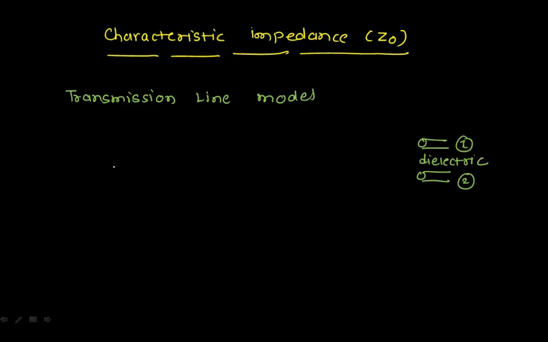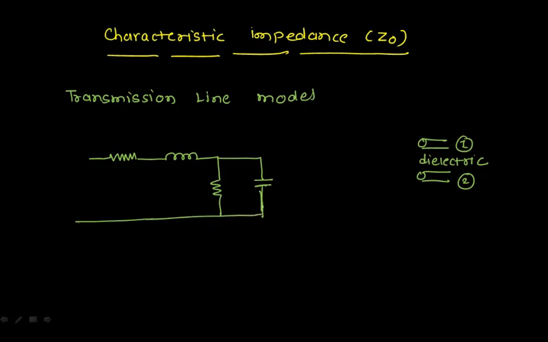If I draw the model for this, for an infinite line, I'll have a resistance, an inductance, a conductance, and a capacitance in between these two wires. This is the equivalent model of this particular transmission line.